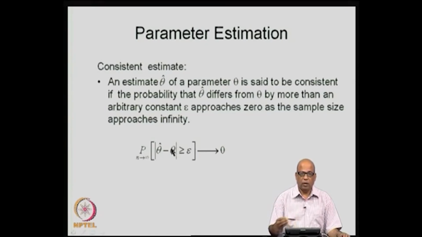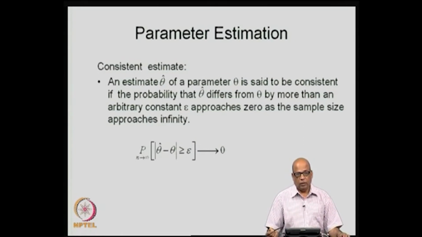As the sample size keeps on increasing, if the probability of the absolute value of theta cap minus theta being greater than or equal to an arbitrary value epsilon approaches 0 as n tends to infinity, where n is the sample size, then such an estimate is called a consistent estimate.